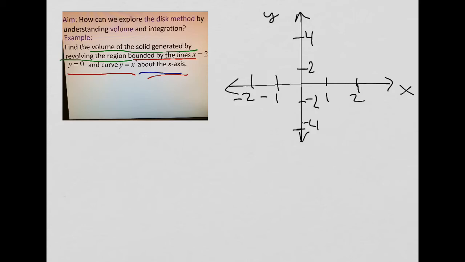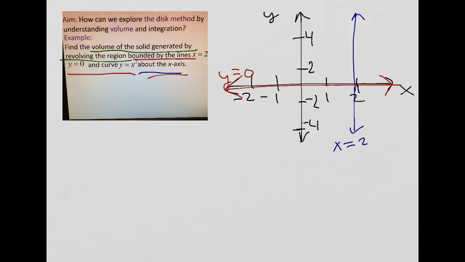Okay, so let's continue. Let's put in our lines. x equals 2. And let's put in y equals 0. That's our other line. It's actually the x-axis. Okay, I want to put in different colors so we can see what we're working with.